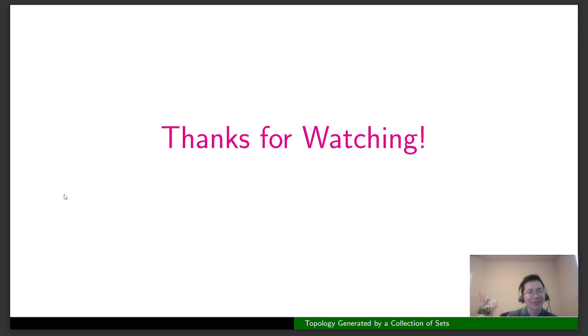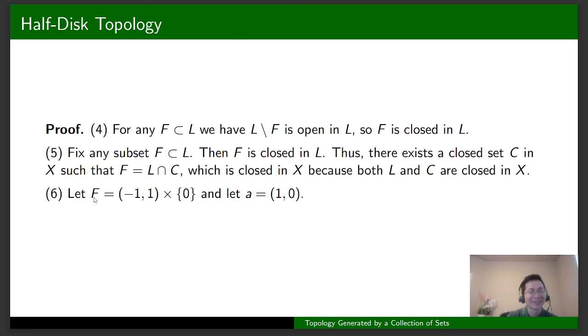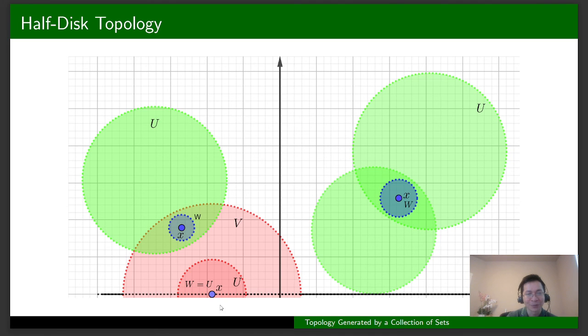We can show that X is T2 but not T3. In fact, we can take, say, this set F. F is the interval from -1 to 1 on the x-axis. Okay, so F, for example, is the interval from -1 to 1 on the x-axis here.